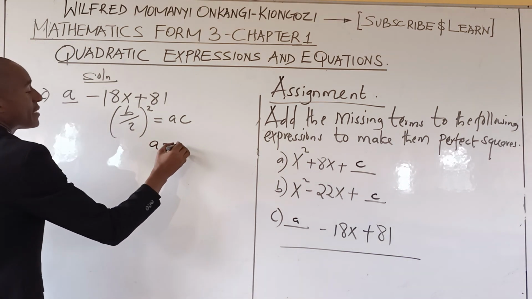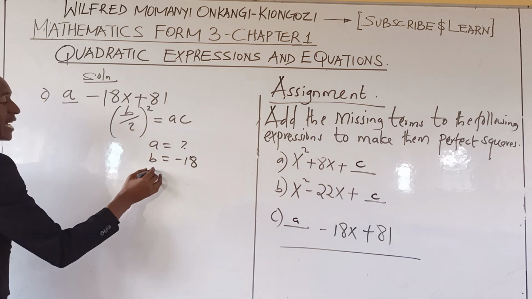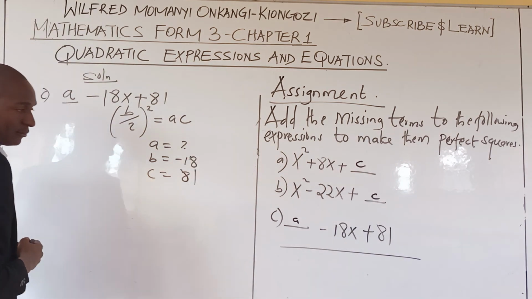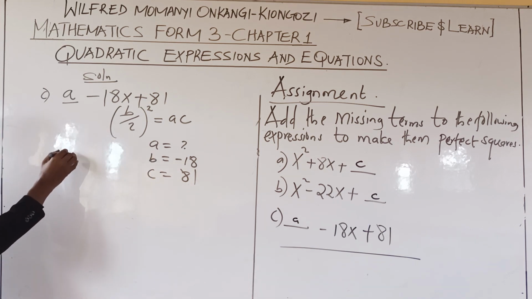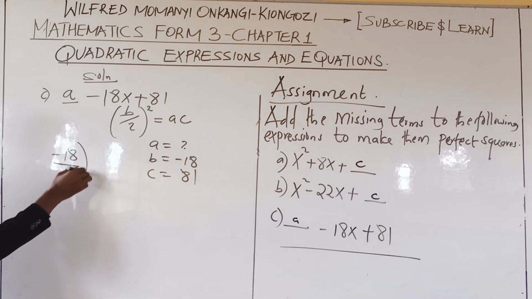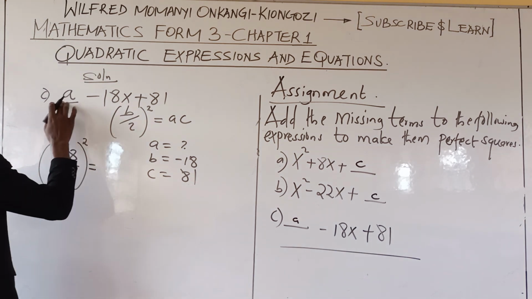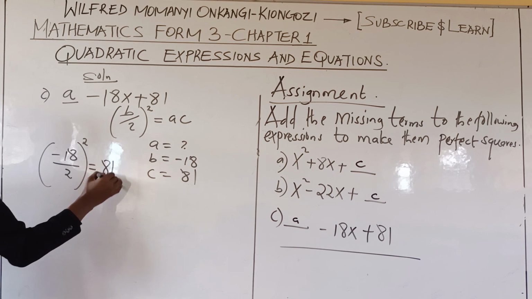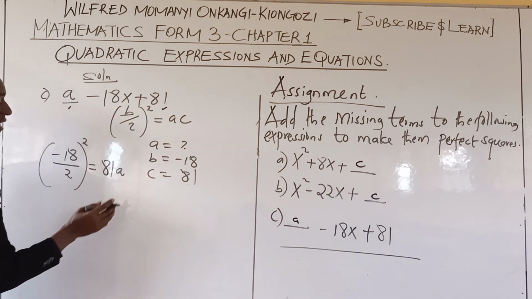Our a is unknown, our b is negative 18, and our c is 81. So we rearrange this formula with the values that we have. Negative 18 over 2 squared is equal to ac, which is 81a.